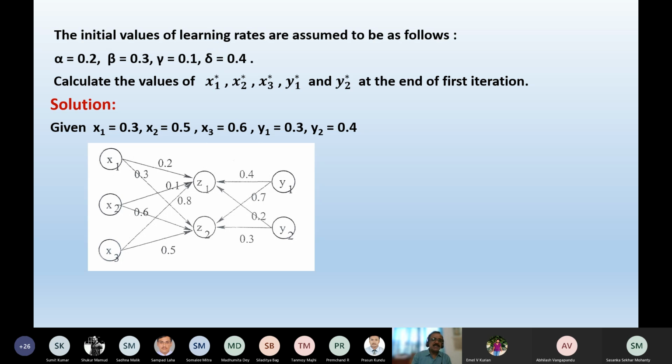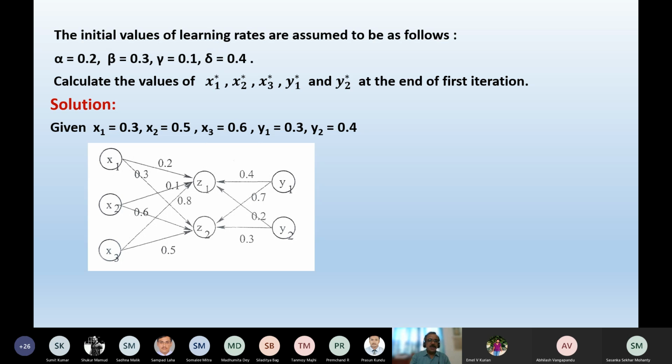And all such values lie in the range of 0 to 1. Calculate the values of x1 star, x2 star, x3 star and their corresponding y1 star and y2 star at the end of the first iteration. So let's see how to carry out this calculation.